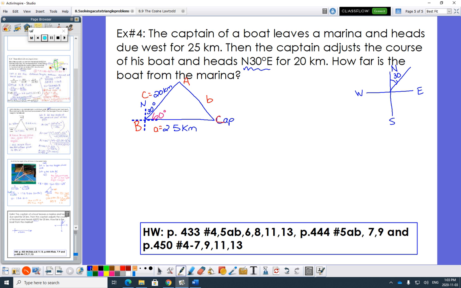So how far is the boat from the marina? So the marina is where he started. So he went here and then he went up here. So we're looking for side B. Now it's the only side left, so that's also good.